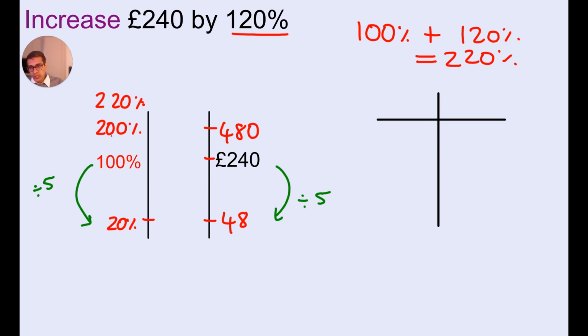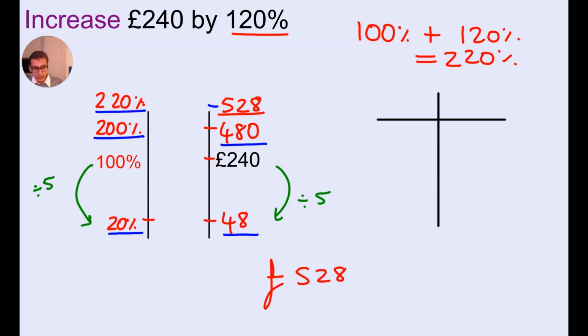And then we work out what we need to add to get 220. Well, 220 consists of 220%, so 480 plus 48. That's going to give us 528. This is again money, so £528 is our answer.